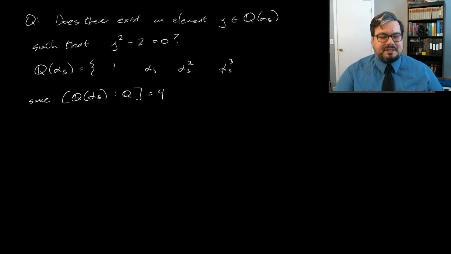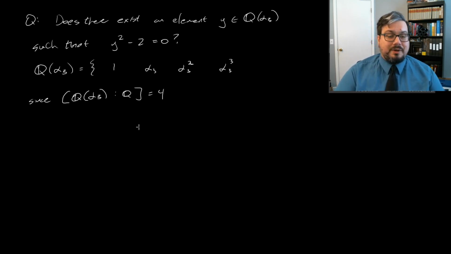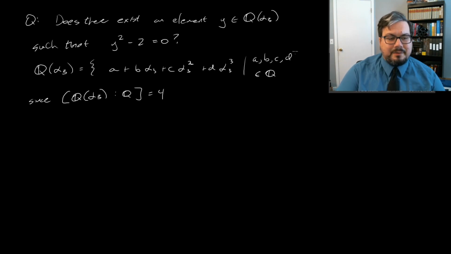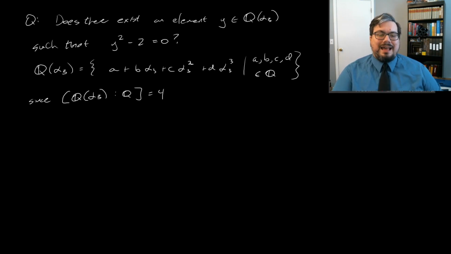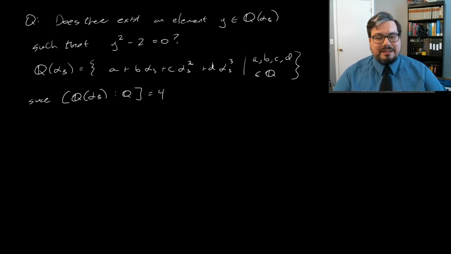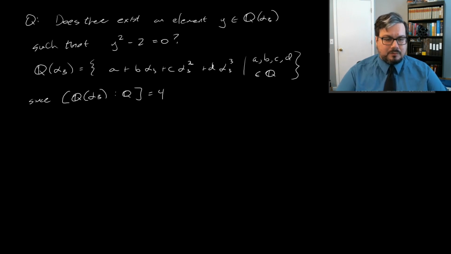And this is how we get a basis of Q(alpha 3) over Q as a vector space. So we can say that the elements of Q(alpha 3) look like a plus b alpha 3 plus c alpha 3 squared plus d alpha 3 cubed, where a, b, c, and d come from Q.